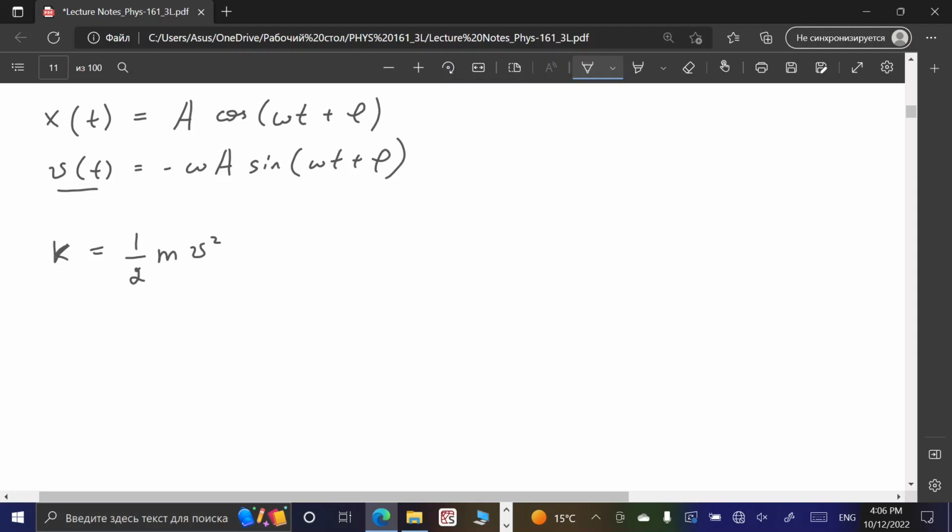We need to substitute it here because we want to know kinetic energy as a function of time. So that will give us 1/2 times m times omega squared times A squared times sine squared of omega t plus phi.